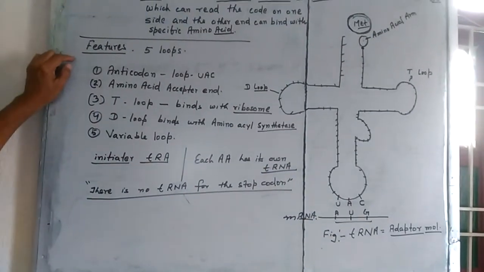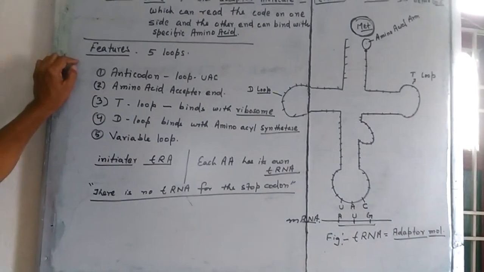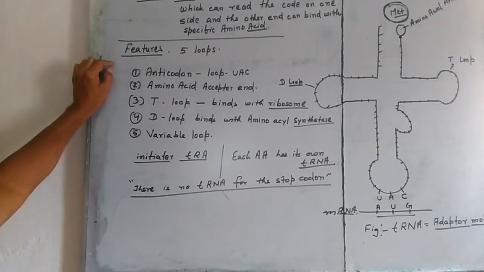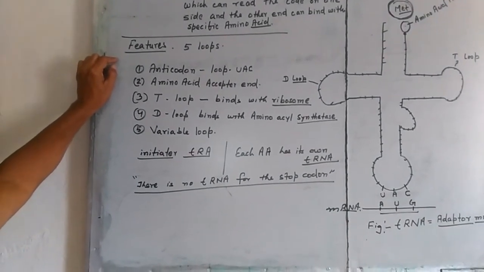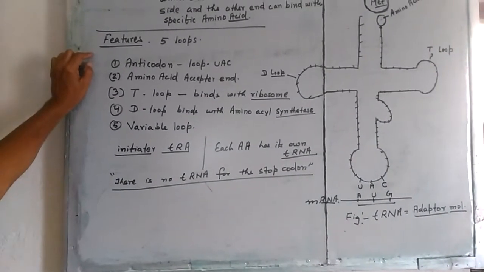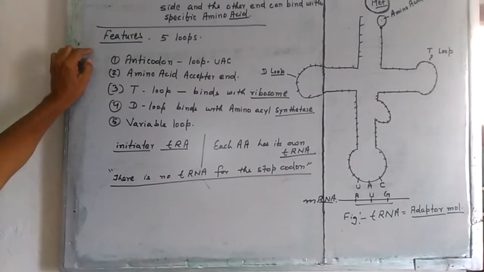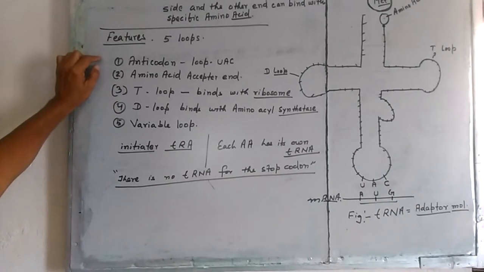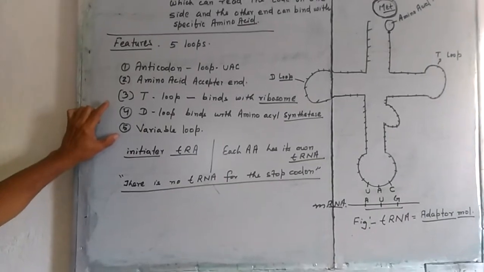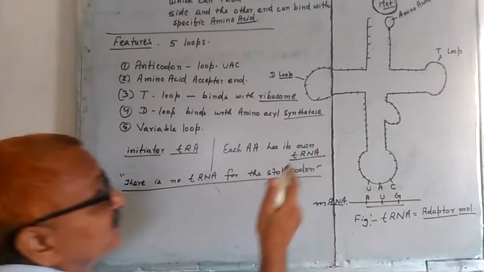So what are the features of transfer RNA? It has a clover leaf like structure, hence it is also known as the inverted clover leaf structure. It has 5 main arms, 5 main branches.